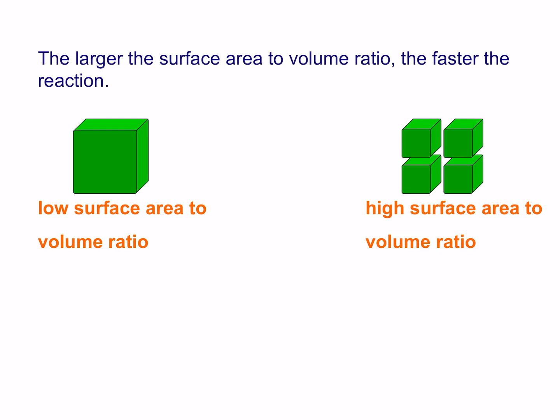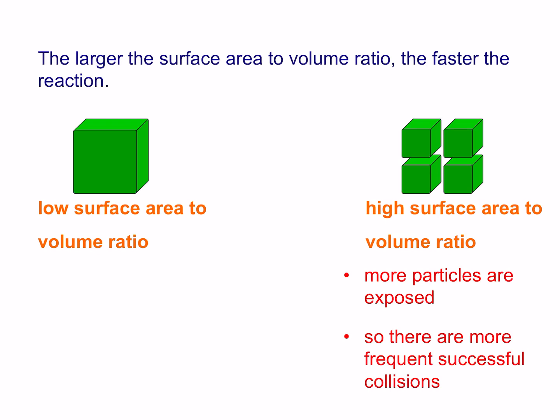Can you remember why it will be a faster reaction? What can we say about the particles? There aren't more particles. It's the same number of particles on both sides, but more particles are exposed. And if more particles are exposed, there are more frequent successful collisions.